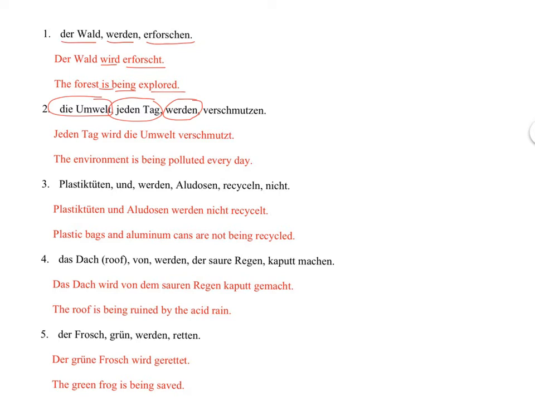So that means that werden is going to be conjugated to wird. So jeden Tag wird die Umwelt verschmutzt, to pollute, past tense. Remember that T ending becomes verschmutzt. So the environment, wird, it is being verschmutzt, it is being polluted. And the jeden Tag just adds the detail of every day.